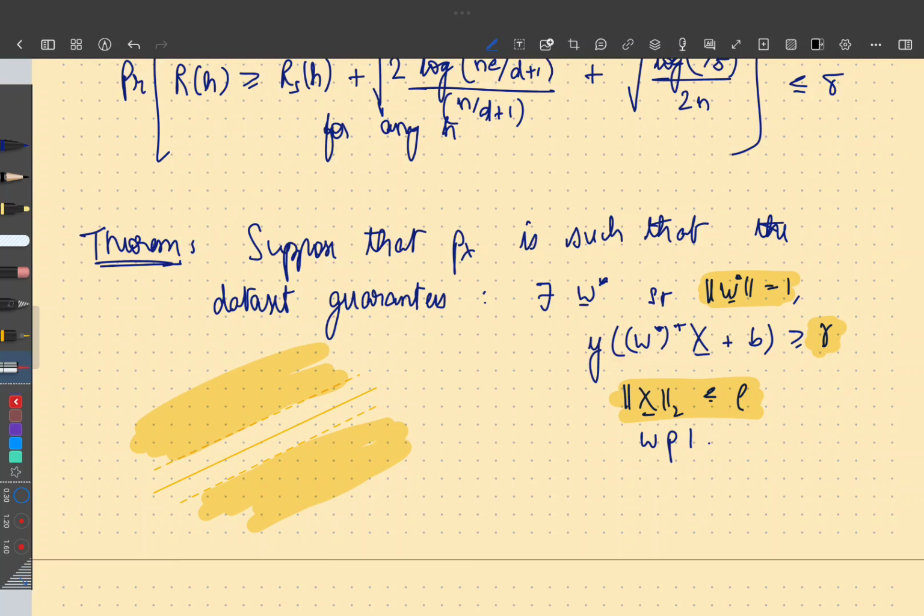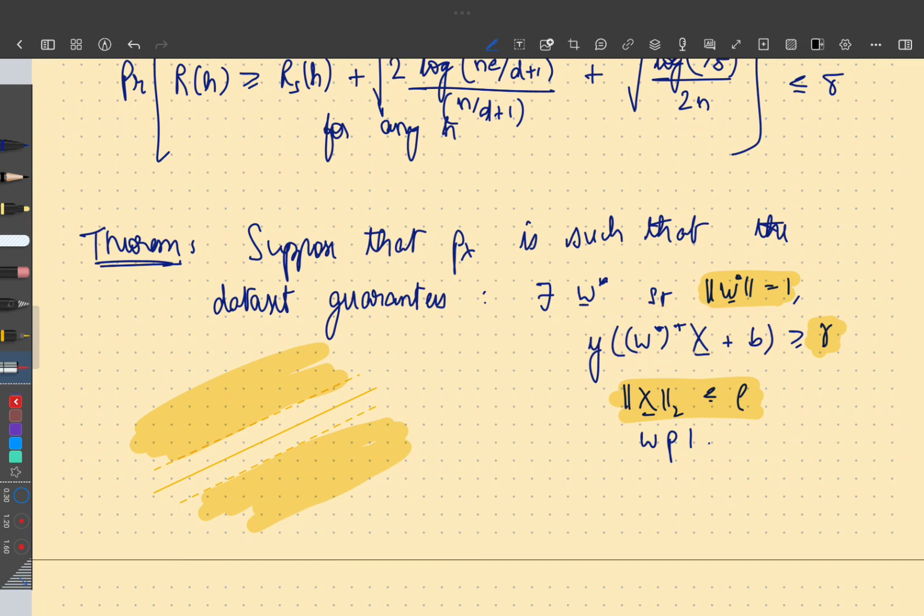Shouldn't it be like Wx is less than b, because x is given, x is input? So x is a random point, right? The random point drawn according to the distribution px. No, I'm giving you a data point.